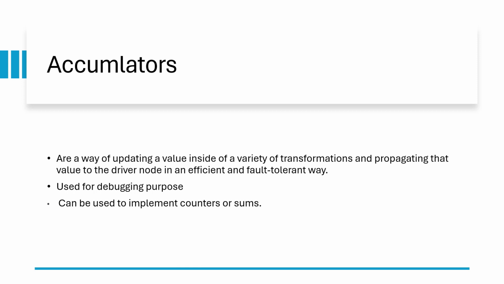We can update it, do multiple transformations, and we can send it back to the driver in an efficient and fault tolerant way. That is the reason they are used to implement counters. So simply like in our programs we use counters, right, where we increment the counter based on certain conditions. That is how accumulators can be thought of. They are like counters, but they are operating in a distributed setup.